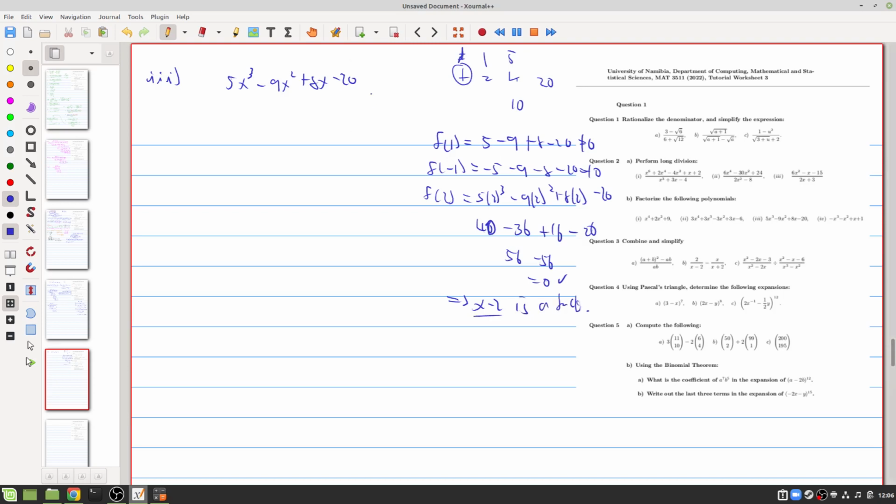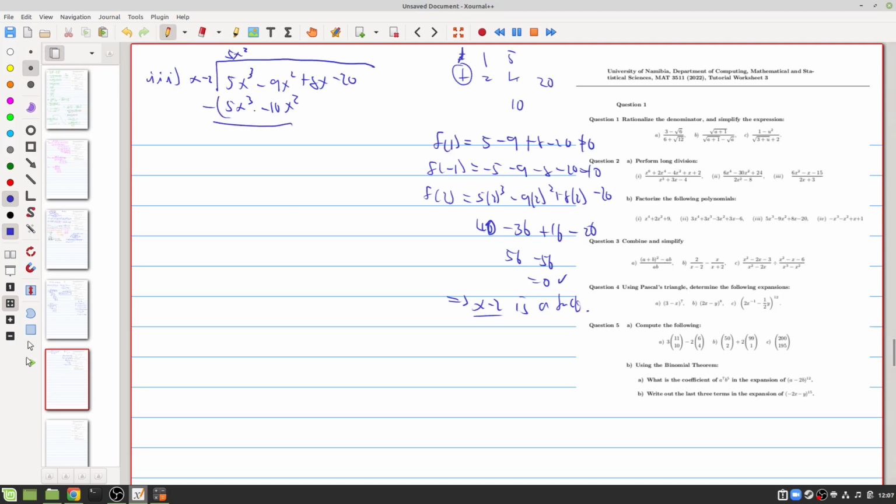Okay, so then we can divide by x minus 2, because that's a factor. If we do a division, we get 5x squared. Sorry, that's incorrect. Okay, so that's going to be 5x cubed minus 10x squared.